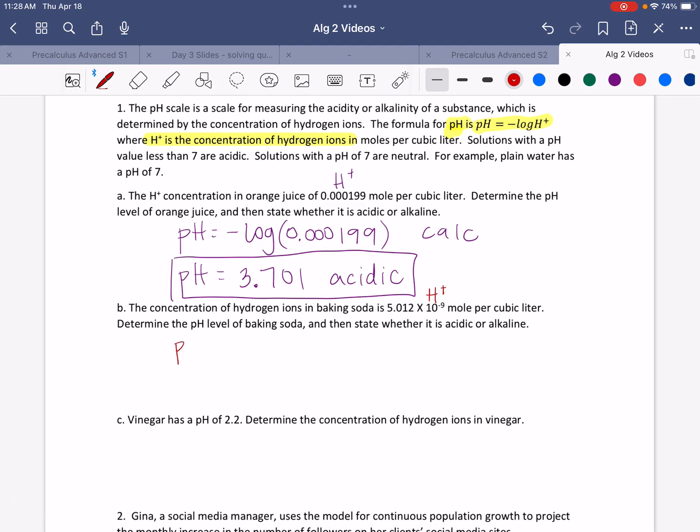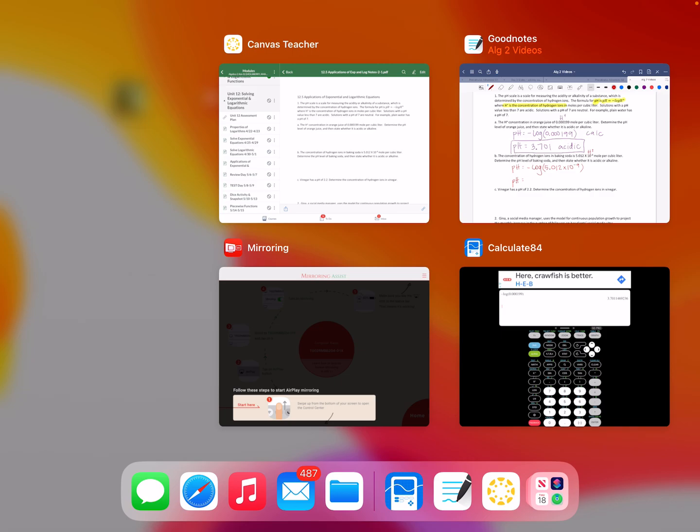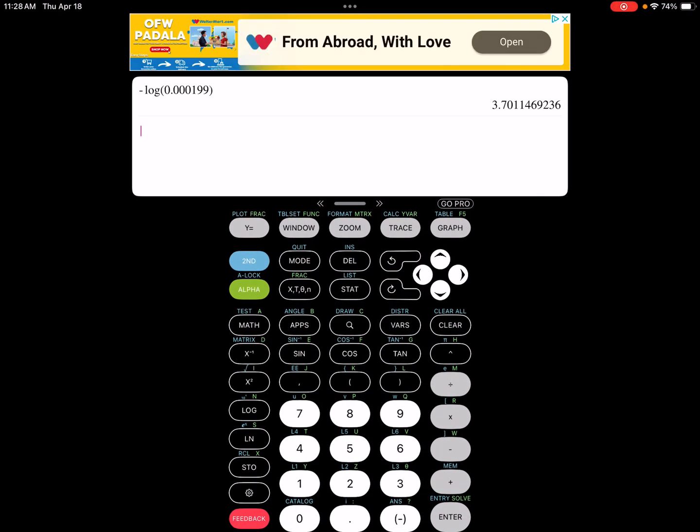Okay, so we need to find the pH. So negative log of 5.012 times 10 to the negative 9th. We're going to type it in the calculator just like that and see what we get. Okay, so to the calculator we go. Negative log of 5.012 times 10 to the negative 9th power.